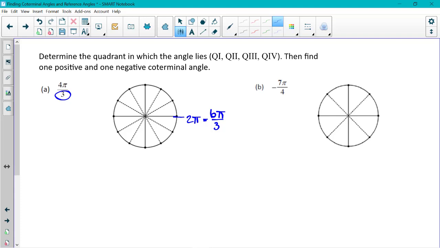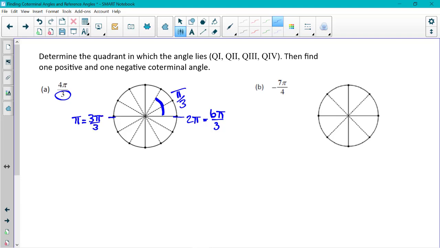And if you remember our sector circles from the previous video, we know that pi over 3 is equal to 60 degrees, or basically 2 of our 30-degree sectors. So we know that 2 of these sections would represent pi over 3 radians. So we can go around and count off till we get to 4 pi over 3. Or we can look at it in terms of, we know that 1 pi is equal to 3 pi over 3.